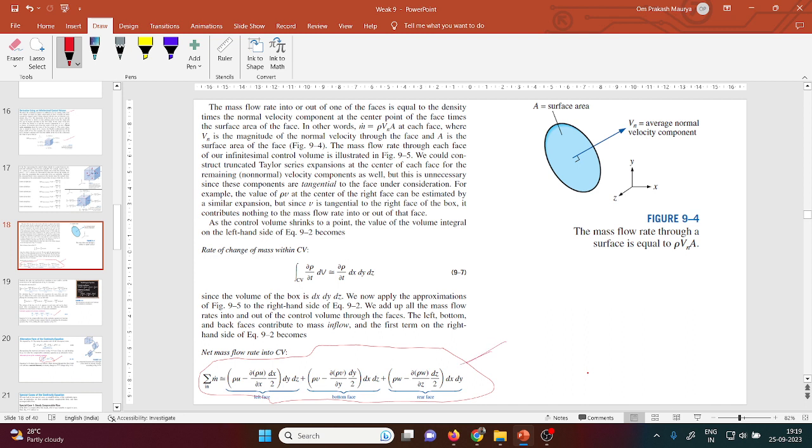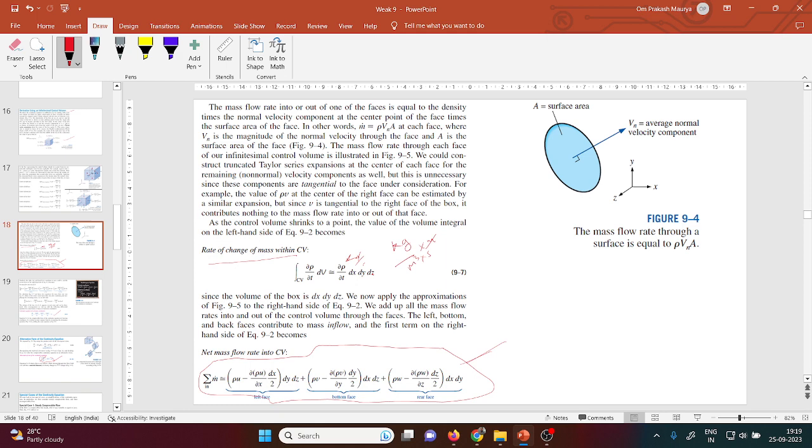And the rate of change of mass within the control volume is how the mass is changing in the control volume. If you see here, this is also kg per meter cube, rho means kg per meter cube, and time is here, with dx in meters and dy in meters.